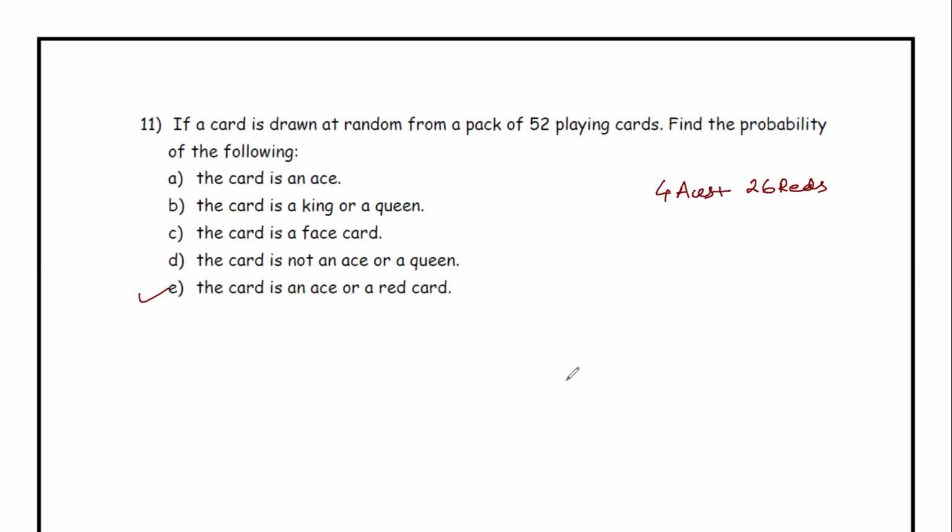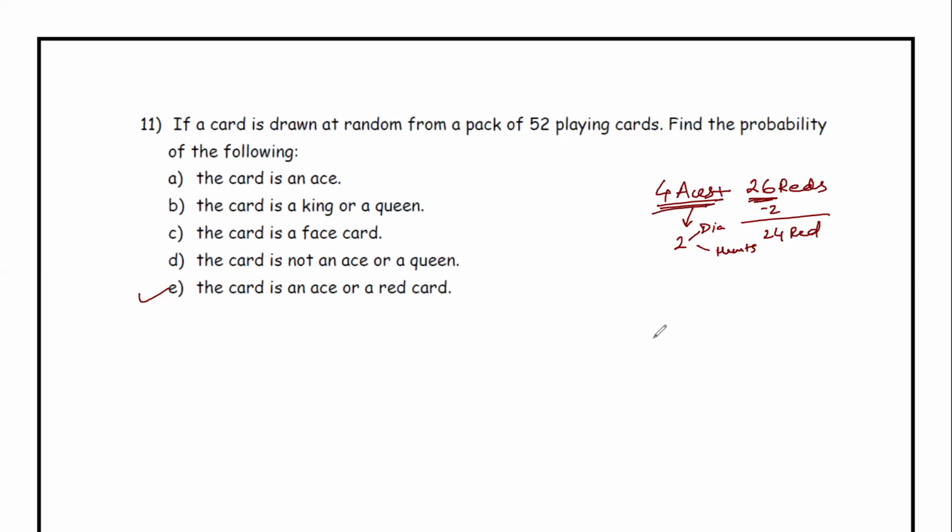Now remember, I told you that these four aces are ace of spades, ace of clubs, ace of hearts, ace of diamonds. So here there are already two reds involved, one for the diamonds and one for the hearts. So out of 26, you're going to subtract two and consider 24 reds out here, because I've already included them.